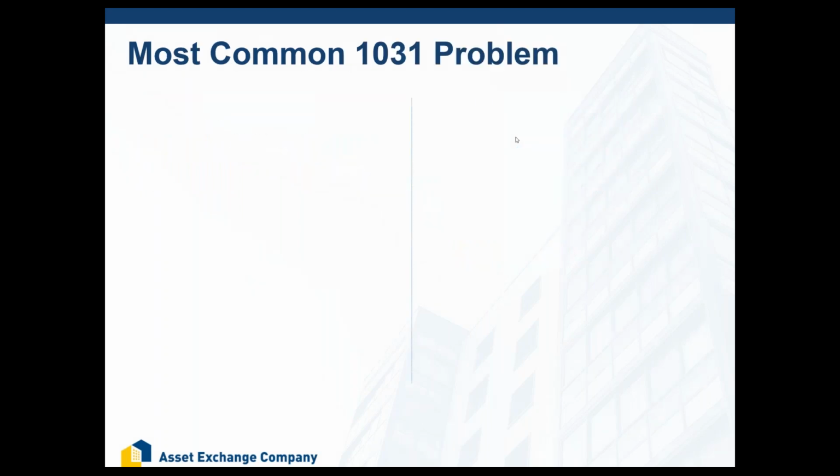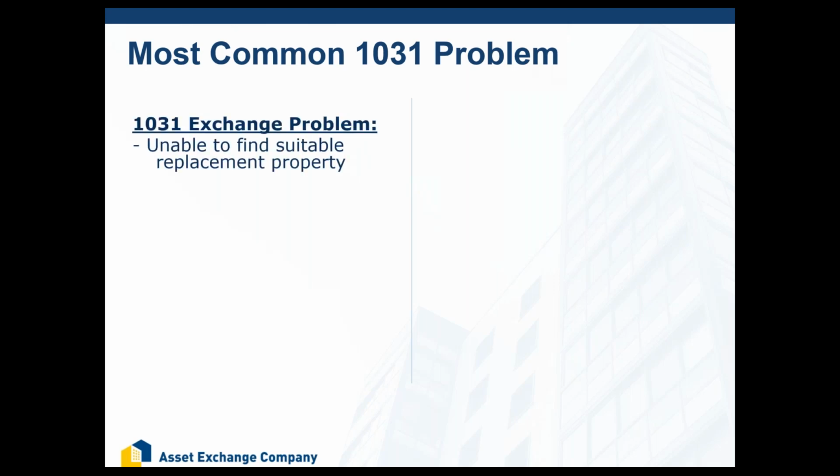Now, let's talk about some problems and pitfalls. By far and away, the single greatest problem that a 1031 exchange client will have is this. Take a look at your computer screen. The inability to find suitable replacement property, right?